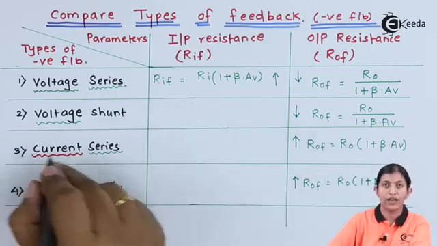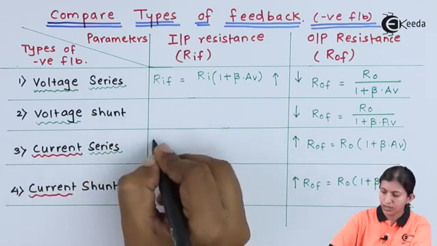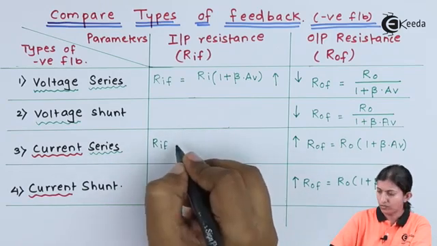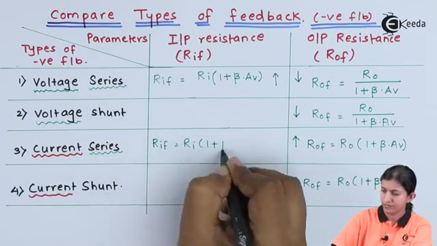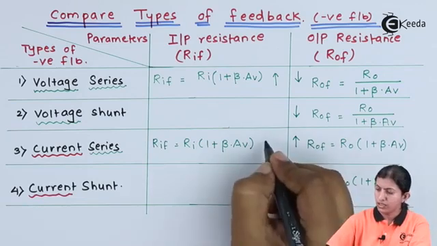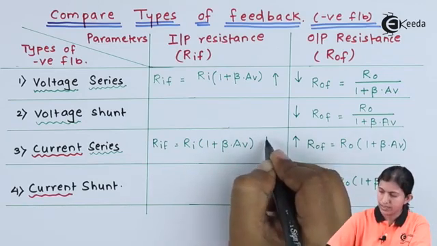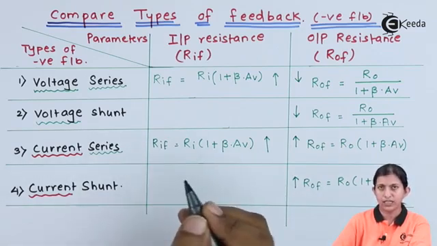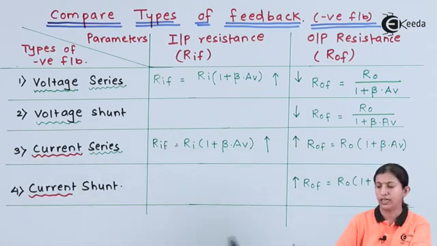Similarly, in case of current series, the input resistance increases. RIF is equal to RI into 1 plus beta times AV. So the effective resistance in case of negative feedback, voltage series and current series, its value increases.